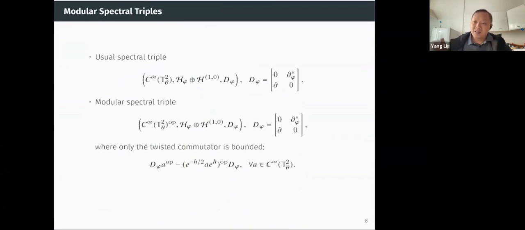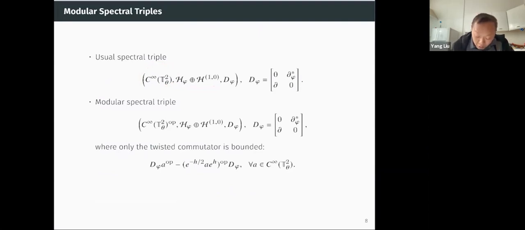Okay, to summarize, the subtlety here is that now we have two choices. We have two modules after this change of metric, after figuring out how to change the inner products. So now we have two choices of spectral triples. The one using left multiplication is a usual spectral triple.